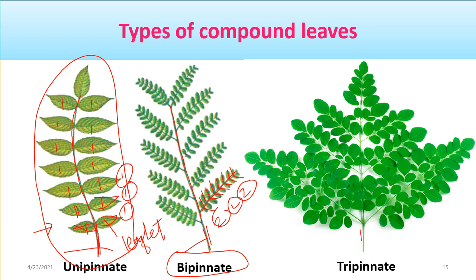Similarly here you can see this stalk is called the petiole, this is called the rachis, this is called the rachilla. And here they are in multiples of 3, somewhere 5, more than 2, and this is called tripinnate. So unipinnate you can see in neem, bipinnate you can see in acacia, tripinnate you can see in moringa.